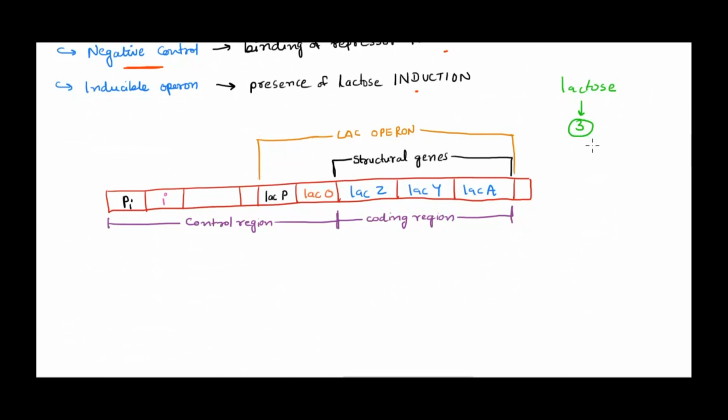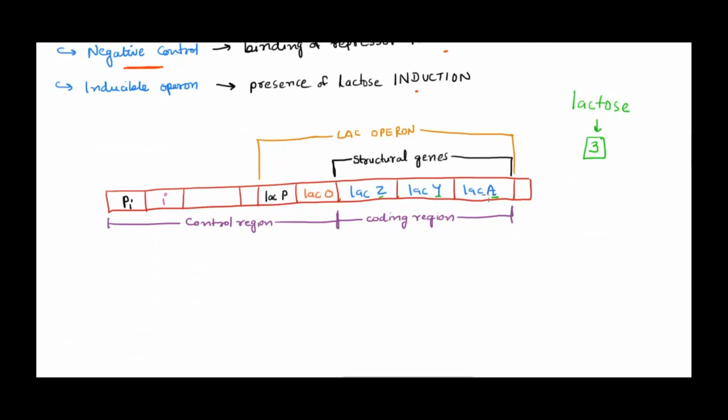So it requires 3 enzymes. The first thing you should have in mind is that you have 3 genes that code for these enzymes, and these are nothing but structural genes. They are called structural genes because they code for the enzymes needed. So there are 3 structural genes in the Lac operon, called LacZ, LacY, and LacA.